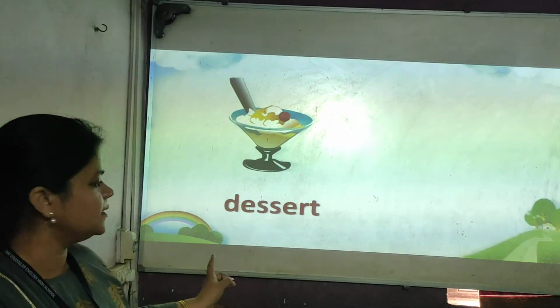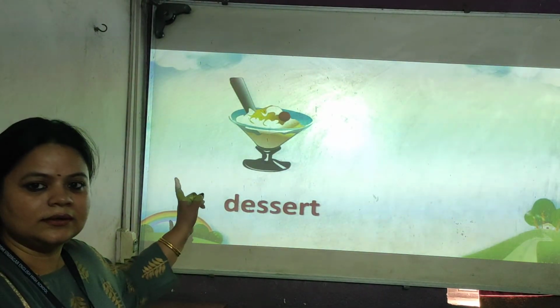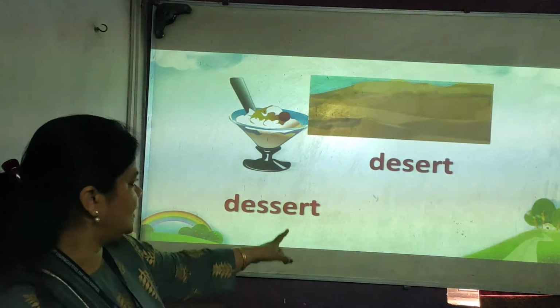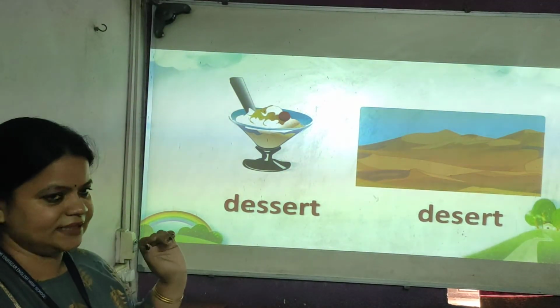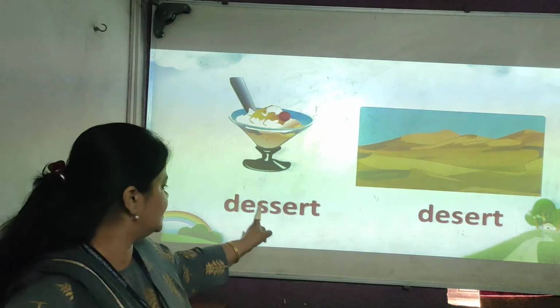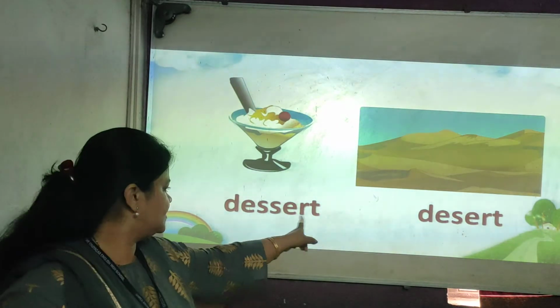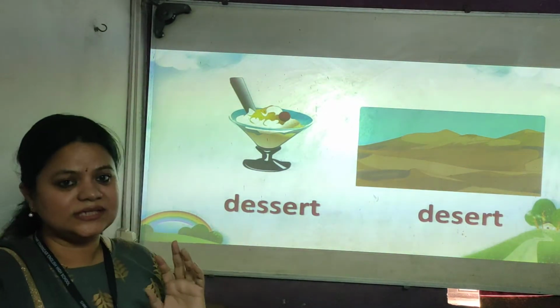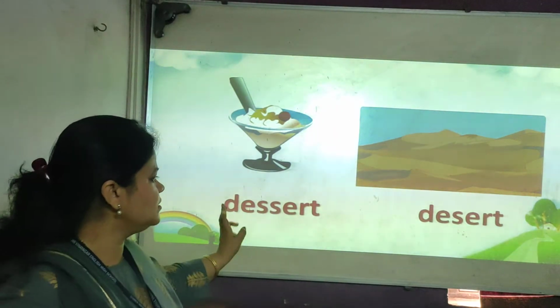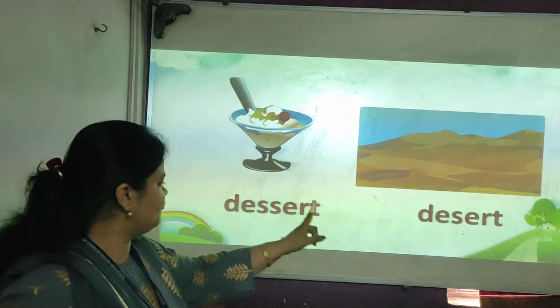So what do you see here? It's a desert. And in the next picture, dessert. So when you read both the words desert and dessert, they sound the same, but both words have different spellings.